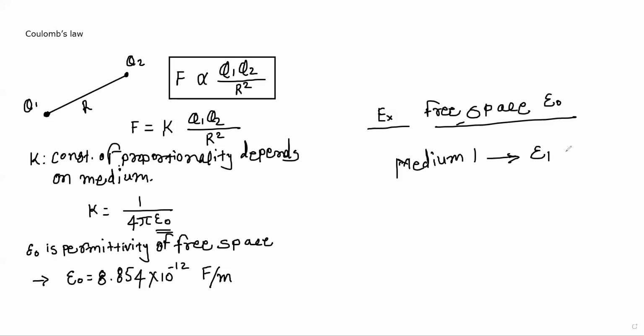This epsilon 1 will be the permittivity of that medium, right? So in an examination, if an example is expecting some value of epsilon naught, free space is assumed, and we have the constant value for free space. If they have specified some medium, then the value of epsilon 1 would be given in that case.